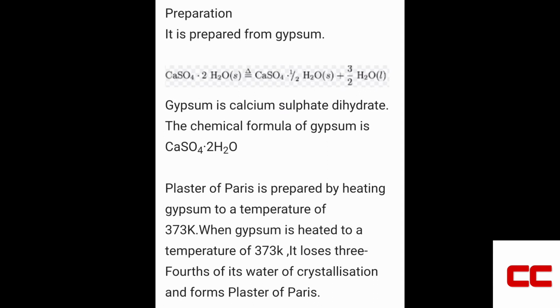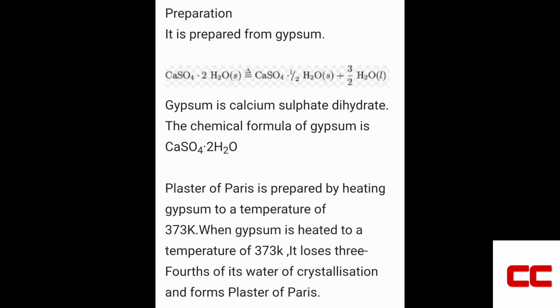Di means 2, hydrate is water, so 2H2O. The chemical formula of gypsum is CaSO4.2H2O, that is calcium sulfate dihydrate. Plaster of Paris is prepared by heating gypsum to a temperature of 373 Kelvin.